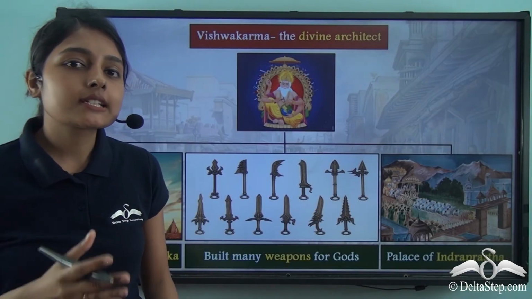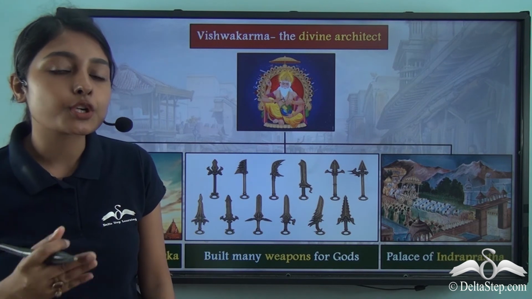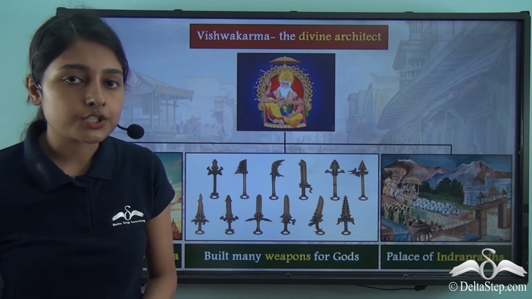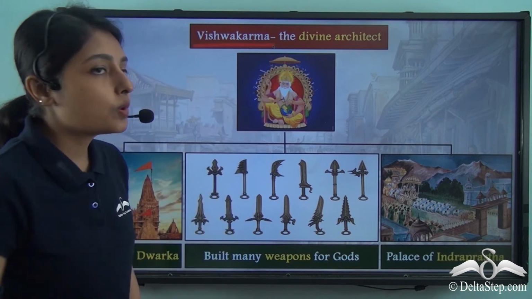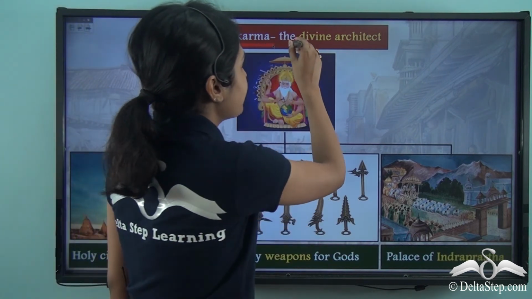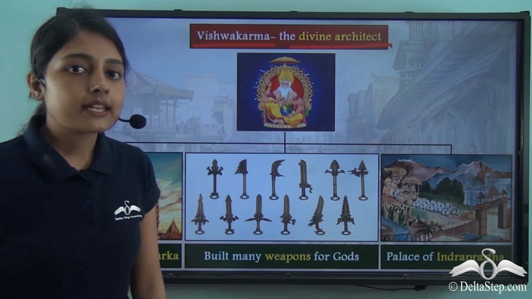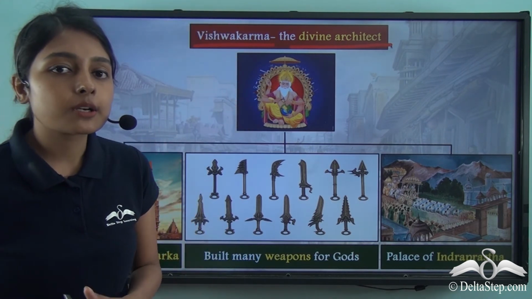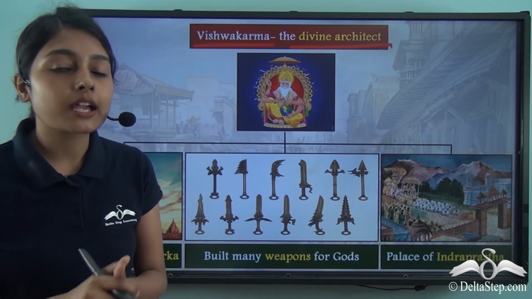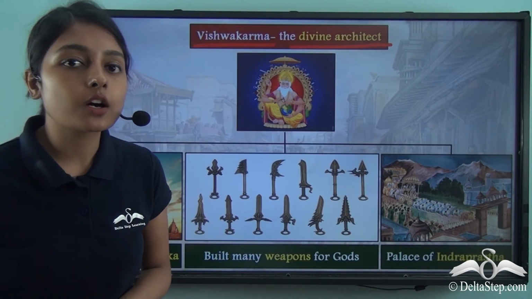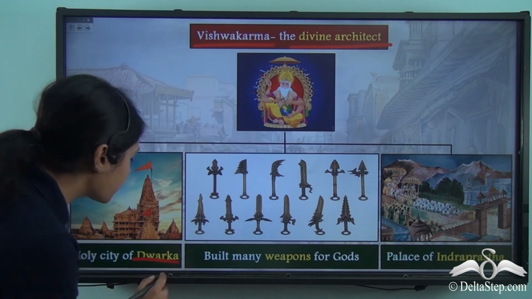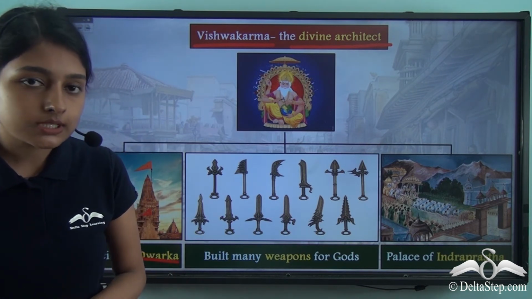Now let's divert a little from our line of discussion to talk about Hindu mythology. We know about God Vishwakarma, who is considered the divine architect. It is regarded that Vishwakarma is the architect of the entire world. And Vishwakarma is the god who had constructed the holy city of Dwarka, where Lord Krishna ruled.